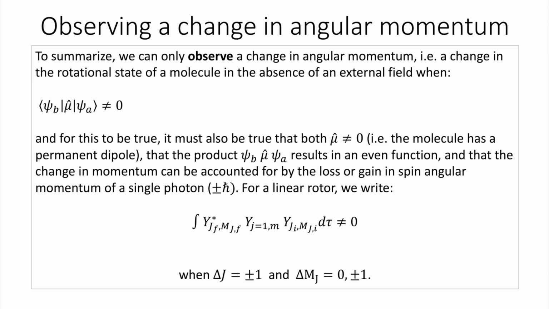And that change in momentum also needs to be accounted for by a loss or gain in the spin angular momentum of a single photon. That single photon has a spin angular momentum of plus or minus h bar. And so that is the equation that shows us when a transition is allowed.